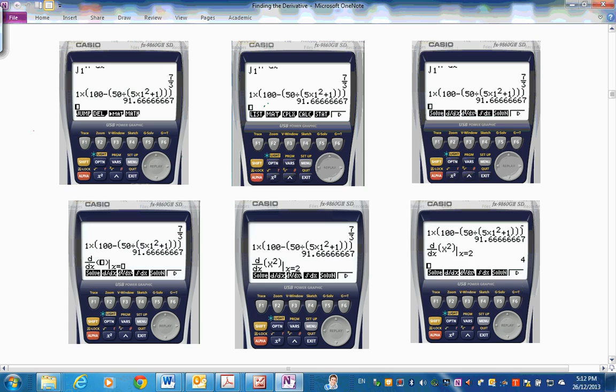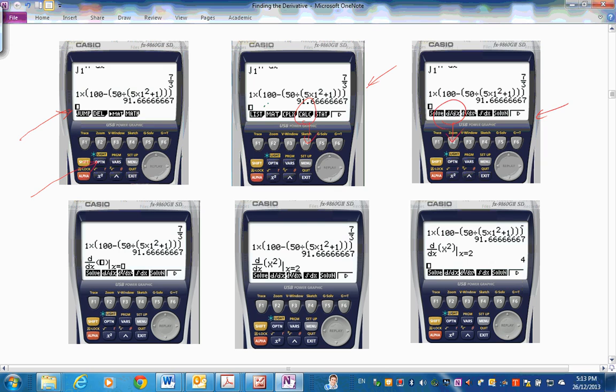And when it's in this mode, what we can do is go to options. Hit options in there, and we get this window. If we choose calc and hit F4, we get these options here, and there it is, d by dx.